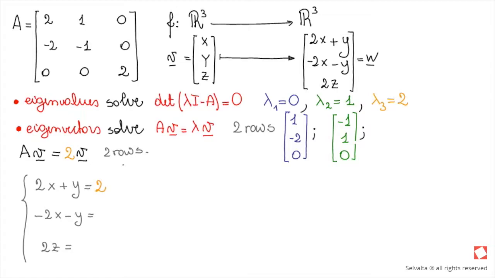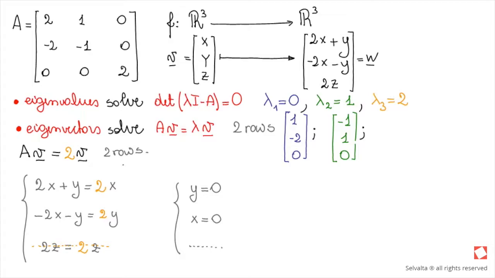Then I have 2x in the first row, 2y in the second row, and 2z in the third row. We see immediately that now it is the third row that has to be cancelled because it is an identity, and from the first 2 conditions we deduce immediately that the first is solved when y is equal to 0 after the cancellation of x, and if y is equal to 0 from the second we have x equal to 0. No condition on z.